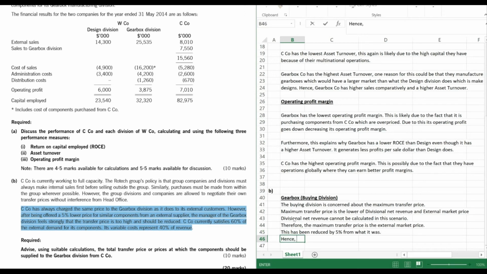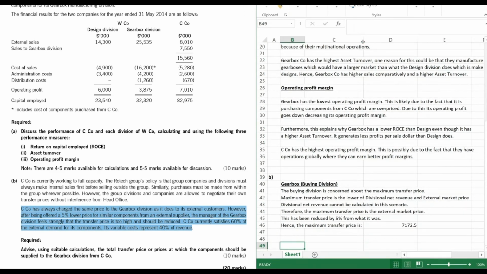Hence, the maximum transfer price is, and now we can do the calculation over here, and let's just stretch this a bit so that we have the coordinate. Okay, so it was 7,550, but it's fallen down by 5%, right? So it's become effectively 1 minus 5%, right? So it's become 7,172.5. Okay, so that's Gearbox.